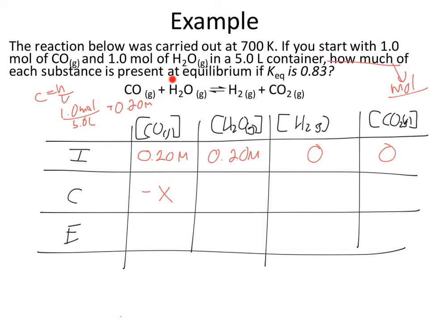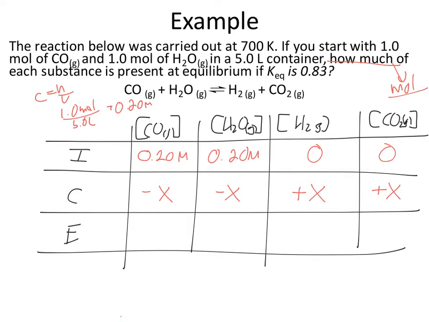This has a coefficient of 1. It's being consumed, so it will be minus x. Our products, on the other hand, are going to be produced. So they are also going to change by x, but they're going to be produced, so it's going to be plus x and plus x as well. Now, if we had a coefficient, for example, 2 over here, we'd put negative 2x there.